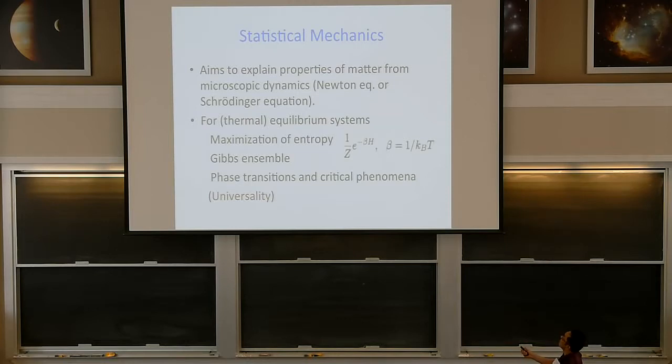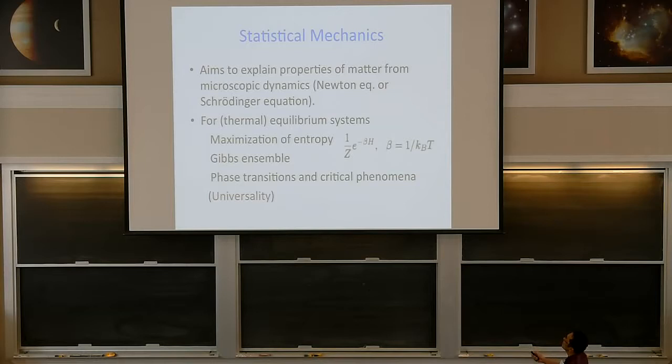So anyway, there are several ways to describe microscopic degrees of freedom in physics, and one is the so-called classical one, using the famous Newton's equations of motion. Mass times acceleration is equal to force.